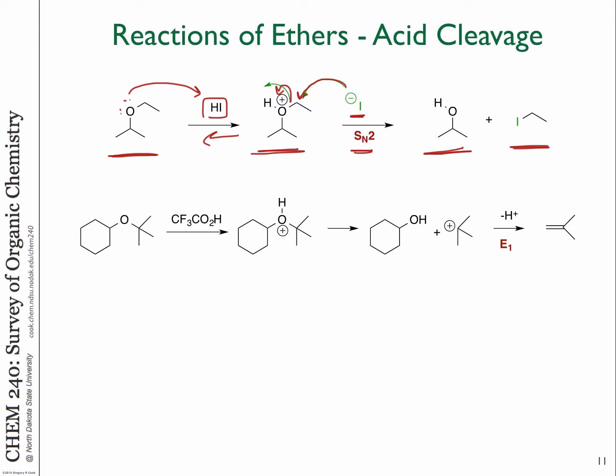Notice this is the reverse of the Williamson ether synthesis, right? We could take this with sodium hydride, deprotonate it, and react it with the iodine. That's basic conditions to make the ether. We can cleave it under acidic conditions.